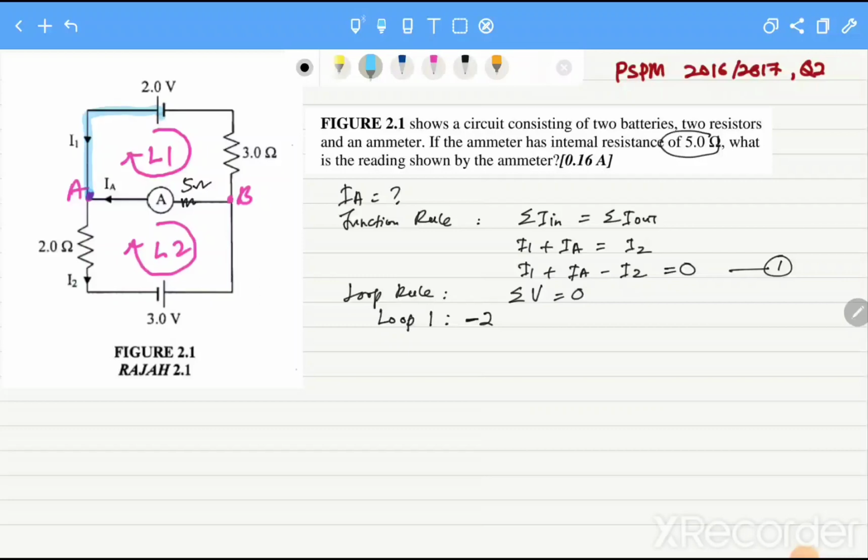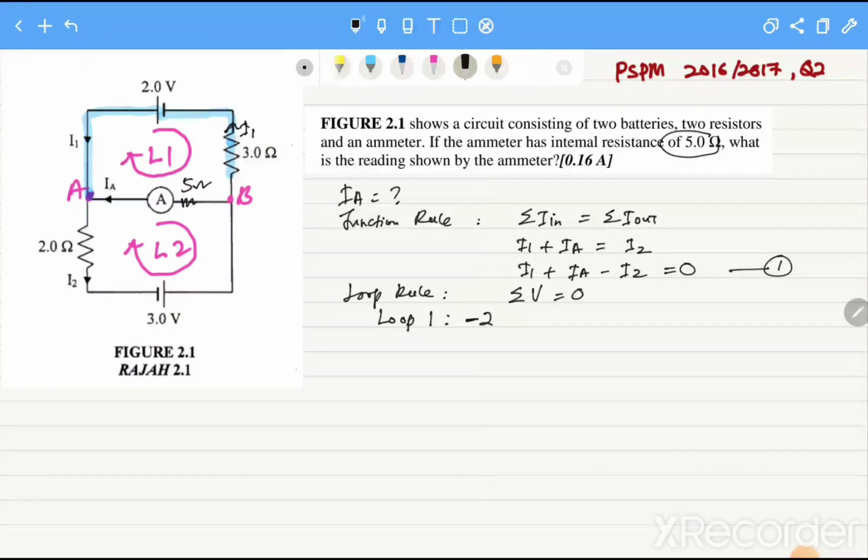Next, we continue to travel. In the 3 ohm resistor, the voltage is IR. The current in the 3 ohm resistor is I1. We label it I1 because we are moving in the opposite direction to the current.